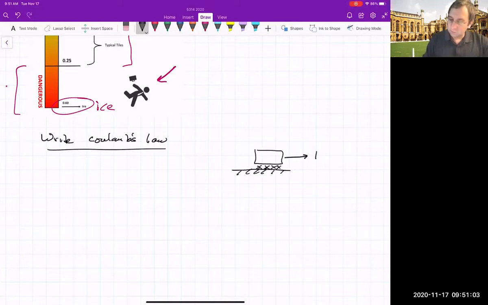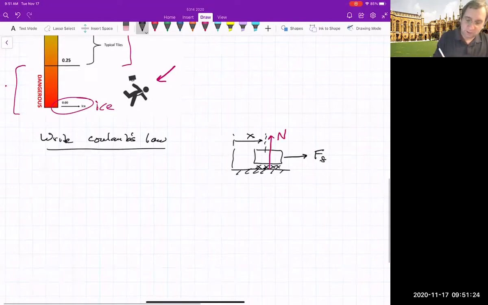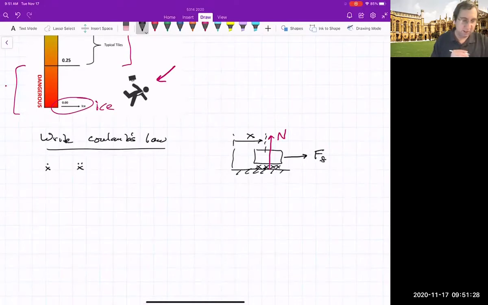We've got the force of friction, and I'll just write the magnitude basically. And then suppose you're tracking where this thing is with respect to some other location. So we'll describe how this is moving in terms of x, and then we have a normal force. Okay, so we'll write this in terms of x dot, x double dot, and then the force, and then some description.